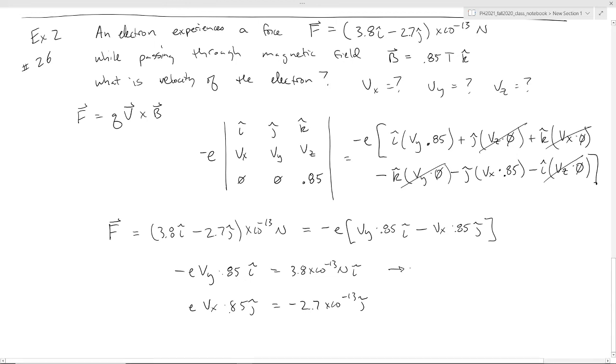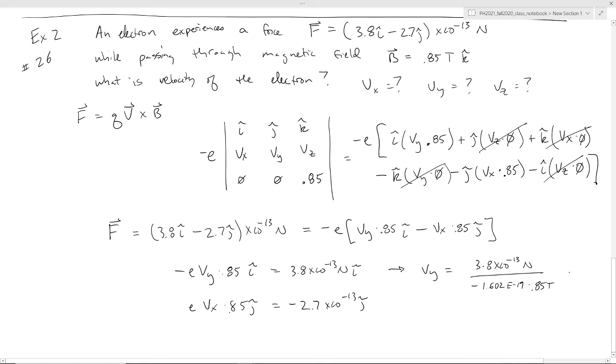So Vy would be 3.8 times 10 to the minus 13 newtons divided by negative e, so negative 1.602 times 10 to the minus 19, times 0.85.